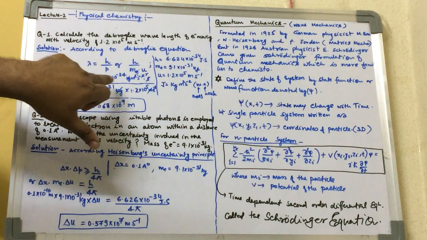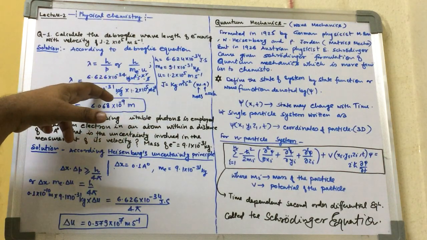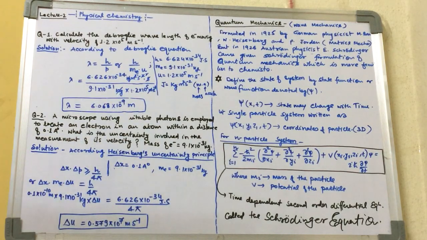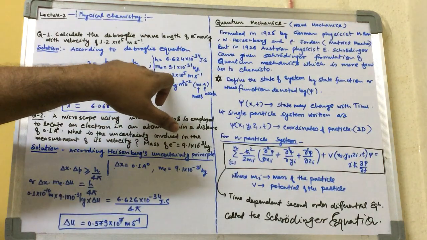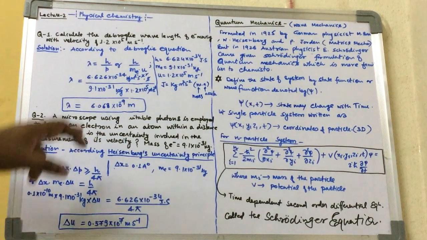I put this constant value, the mass of the electron 9.1 into 10 to the power minus 31 kg, and the velocity 1.2 into 10 to the power 5 meter second inverse.